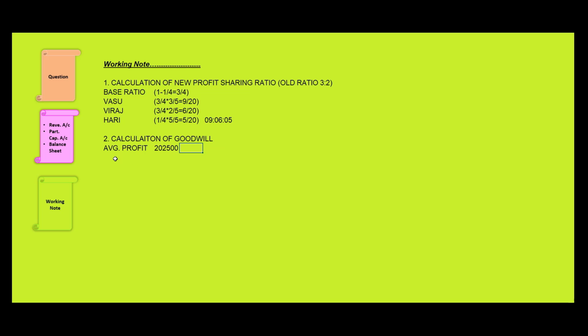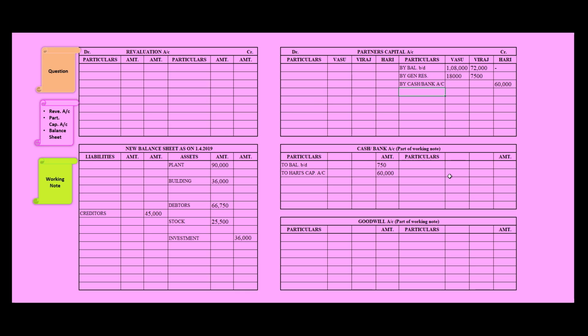We have got this much, but we have to divide it by 3. This is last 3 years profit. Okay, then 2,02,500 upon 3. We have got 67,500. This 67,500 will be divided among all partners into their old ratio.